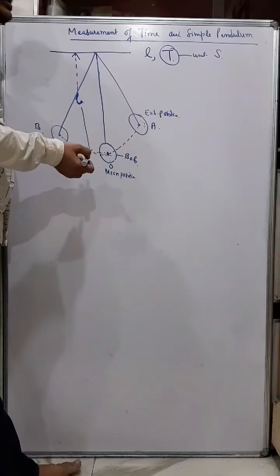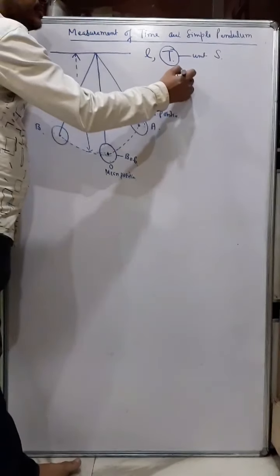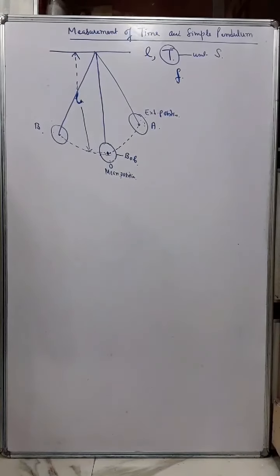Next is frequency. Now what is frequency of oscillation? Frequency is symbolized as f, and frequency of oscillation means the number of oscillations completed in 1 second.